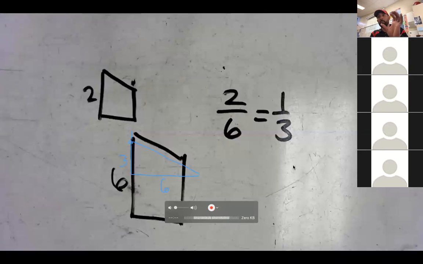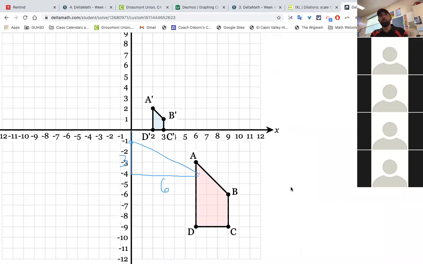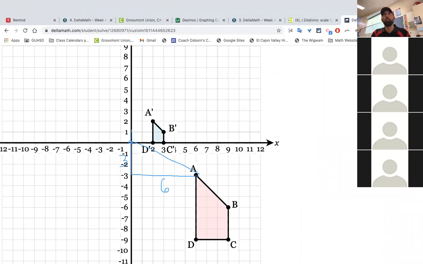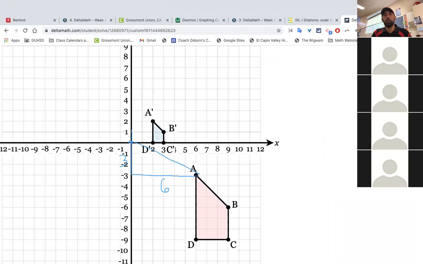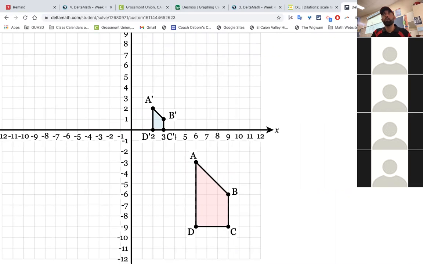So we're gonna do the same thing with the triangle. I could take my scale factor and multiply it times that 6. Oh, that's right, I gotta turn this off. There we go.